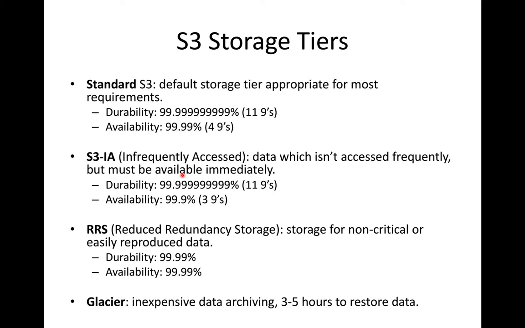The biggest issue with Glacier is that if you ever want to access your data, it can take up to 3 to 5 hours to restore that data. So you wouldn't store data that you need to access frequently or even infrequently in Glacier. This is truly long-term storage and for data archival purposes.